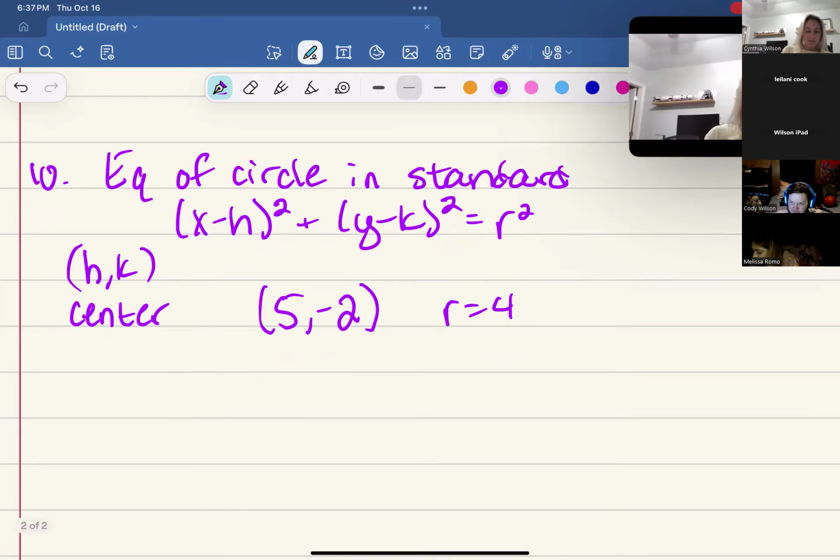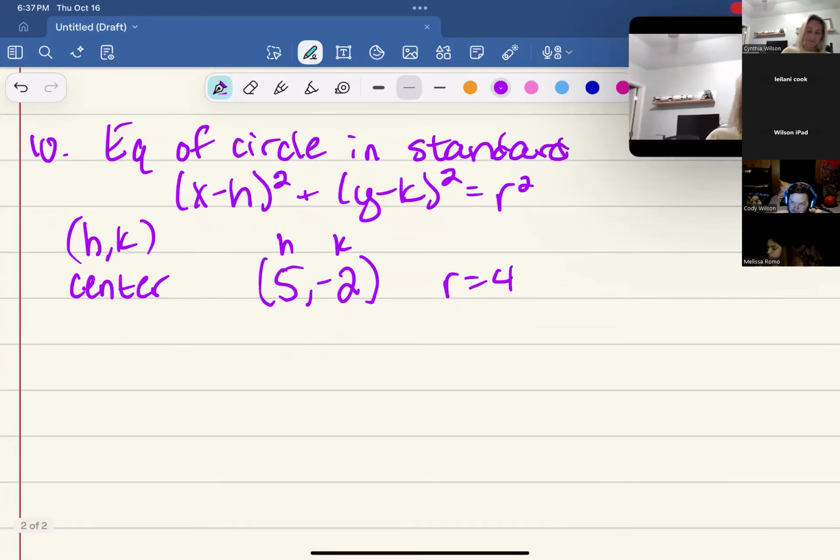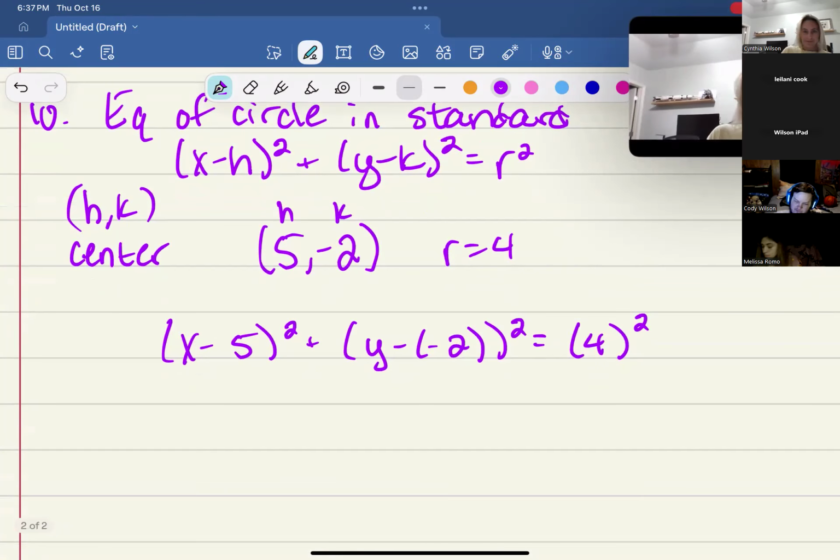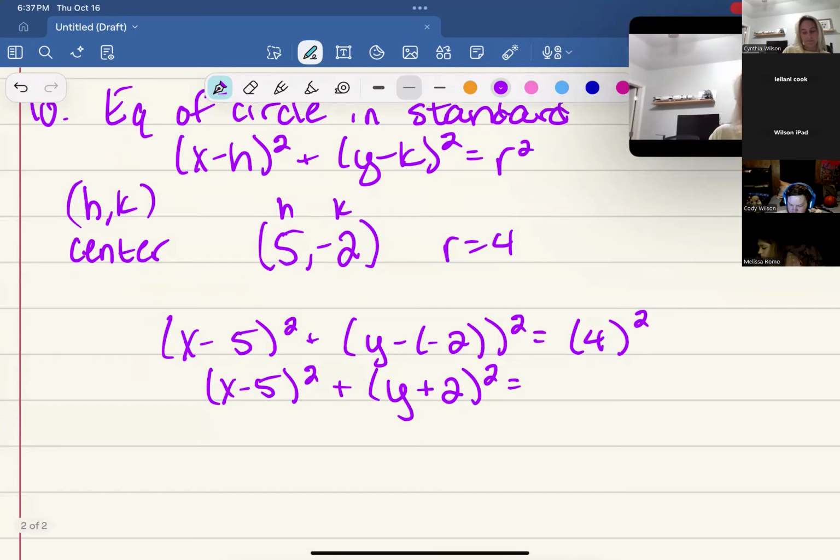All right, so 5 is your h, -2 is your k, and then of course you have r is 4. We plug in (x minus 5) squared plus (y minus negative 2) squared equals the radius squared. And about the only thing that we do here is simplify the minus negative to plus positive. And then of course radius squared, 4 squared is 16.